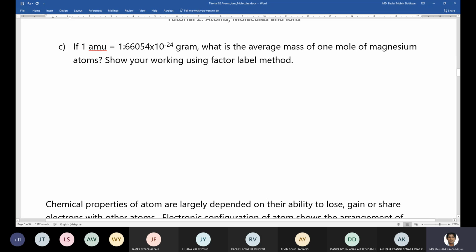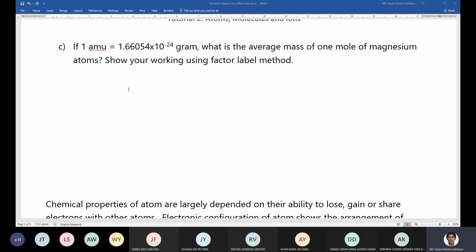If 1 AMU is 1.66 times 10 to the negative 24 gram, what is the average mass of 1 mole of magnesium atoms? Show your working using the factor label method. Factor label method means we have to find out what we are looking for.